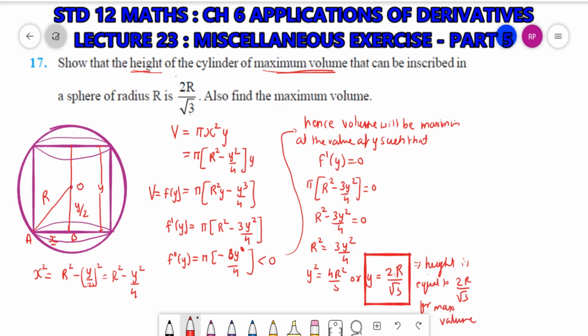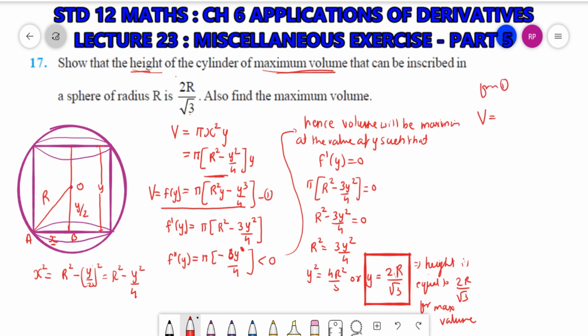Now there is also another question, to find out the maximum volume. So we can directly use this formula for volume, pi r square minus y square by 4 into y. Let's name this as 1.